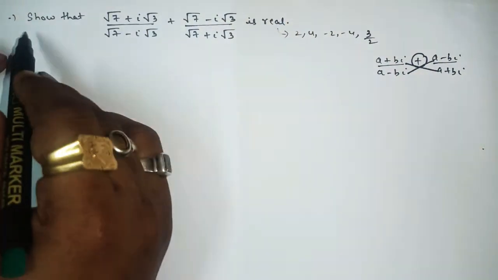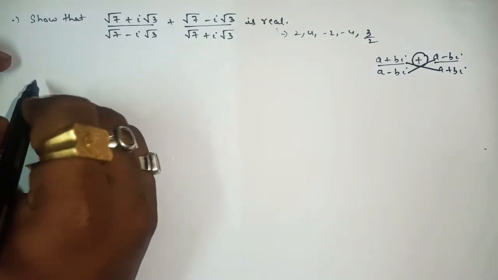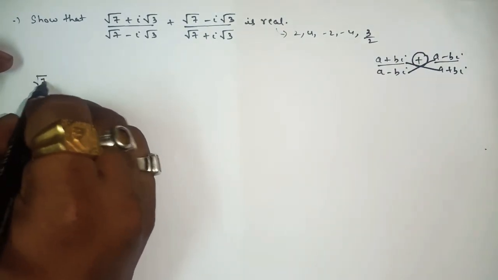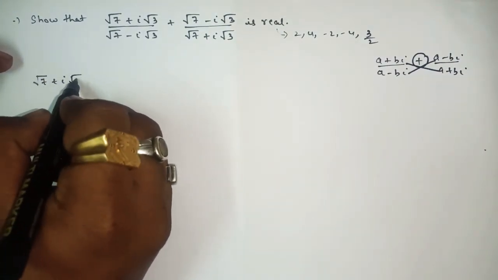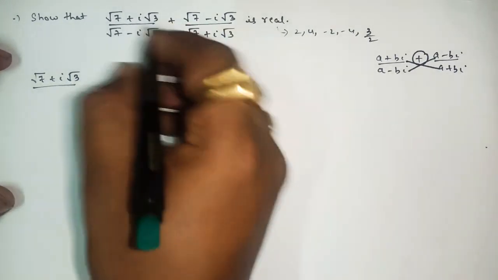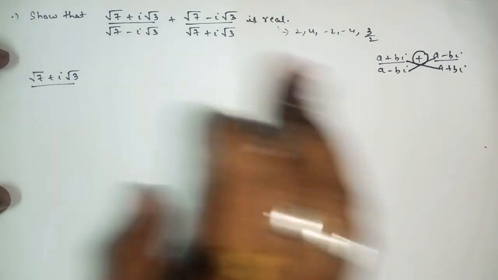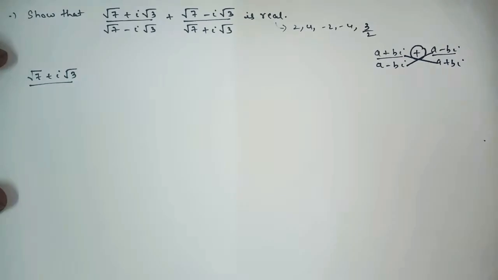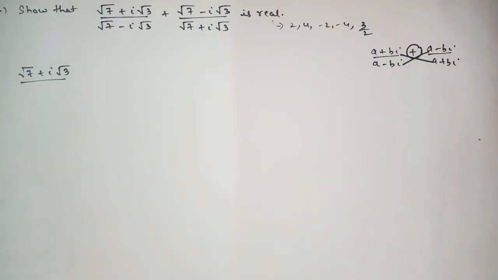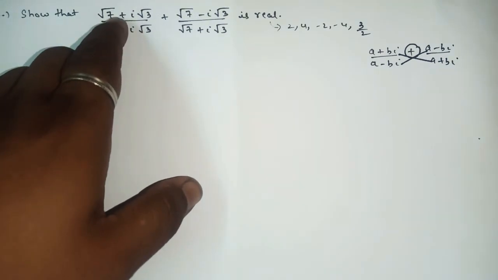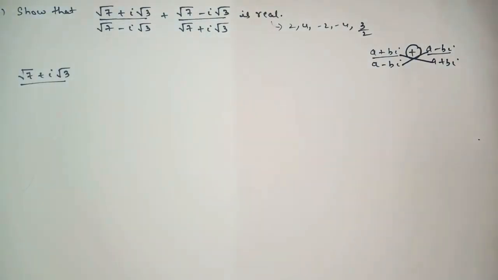So now we have to show that root 7 plus i root 3 upon, as the sum is in root. So that is the difference, the same type of sum as we did in the last lectures, but the number was without root. So here the change is what? The number is with root.